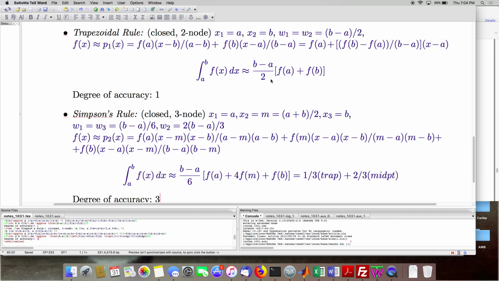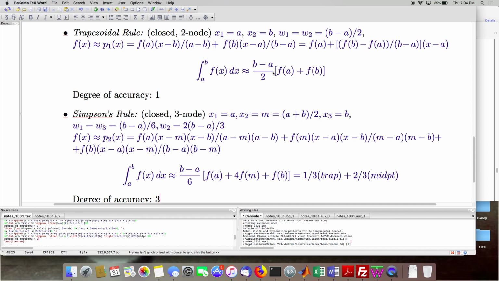Now, there are certain cases where the trapezoidal rule is not such a good idea. But if someone doesn't really want to bother with mathematical software and just wants to quickly implement an approximate integration scheme, chances are the trapezoidal rule is the one they're going to use, just because it's so cut and dry.